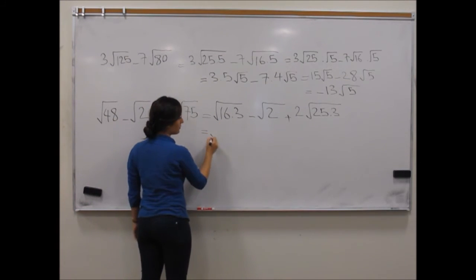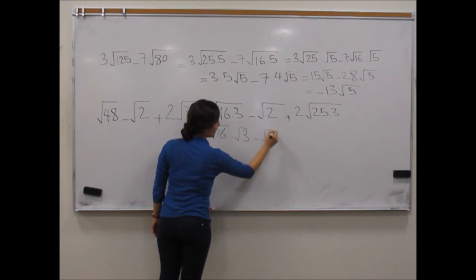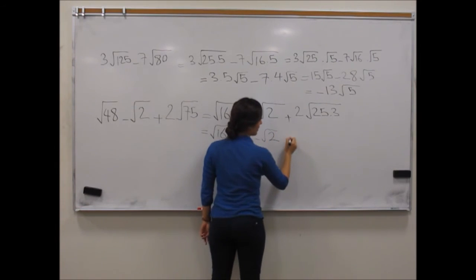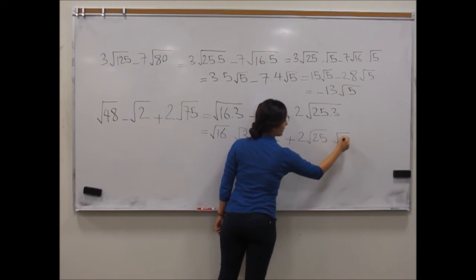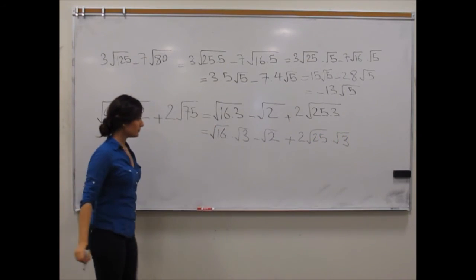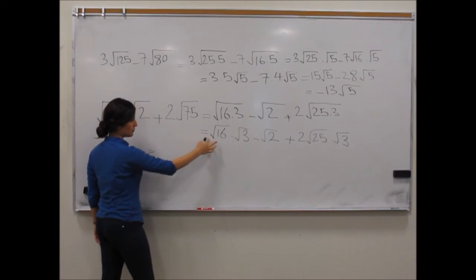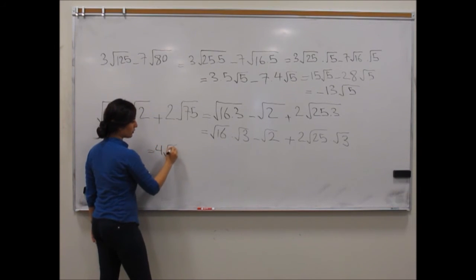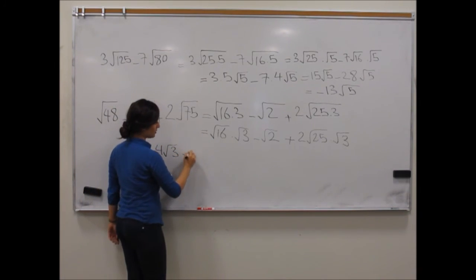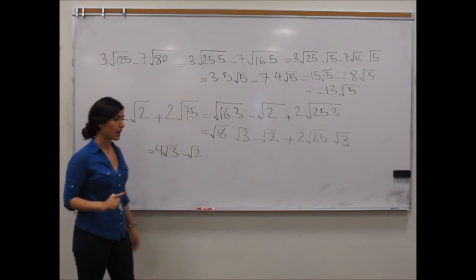So here I have rad 16 times rad 3 minus rad 2 plus 2 times rad 25 times rad 3. 16 is a perfect square, and it gives me 4. So 4 rad 3 minus rad 2. And then here, 25 is a perfect square and it's 5.